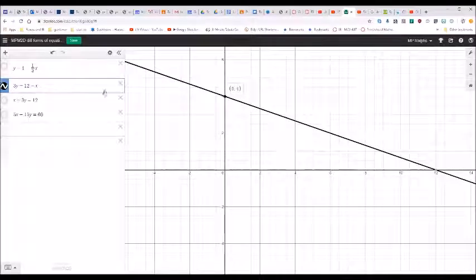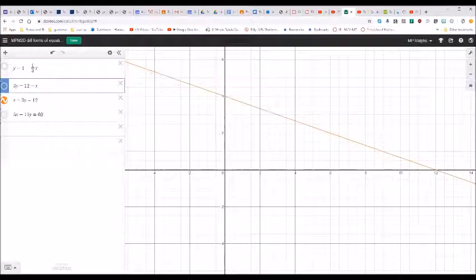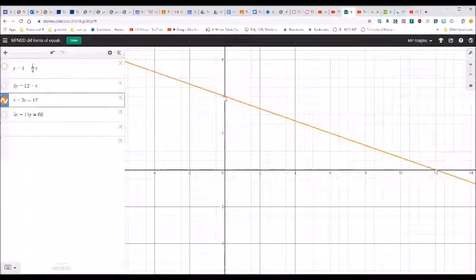If I turn on this line, equation number 3, I see that the line is exactly the same as the second equation, which in turn is the same as the first equation.